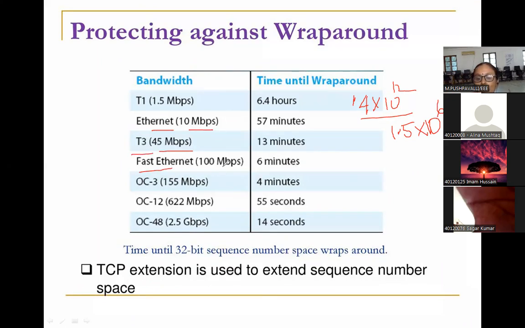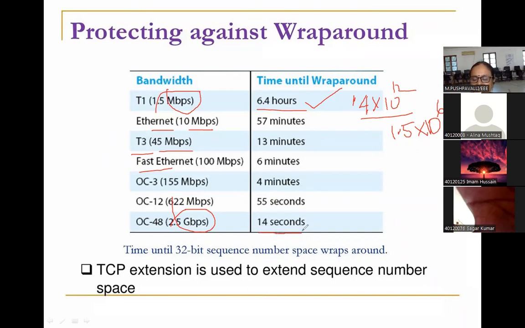So we have to see how, while moving from gigabits per second to megabits per second, the time till wraparound changes. Sometimes you are uploading to your drive and it will say 2 hours, 7 hours, 8 hours. Why? Because the time until the wraparound period depends on how fast the network is, and it will keep on changing. While we check our internet speed, my time period will keep on changing. That's why it will vary from this much to this much.